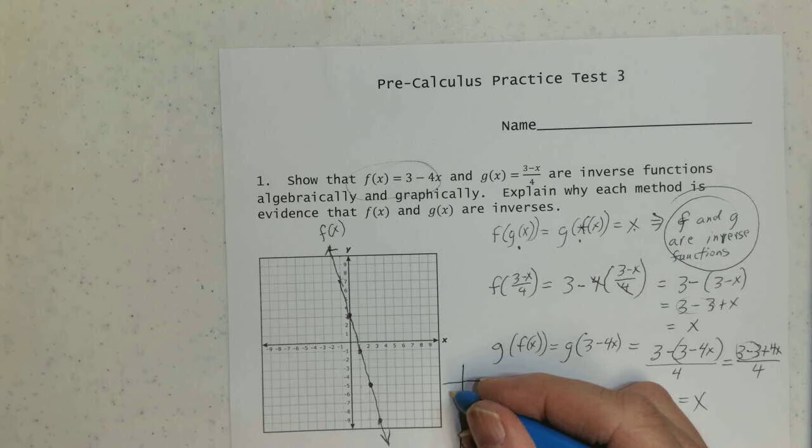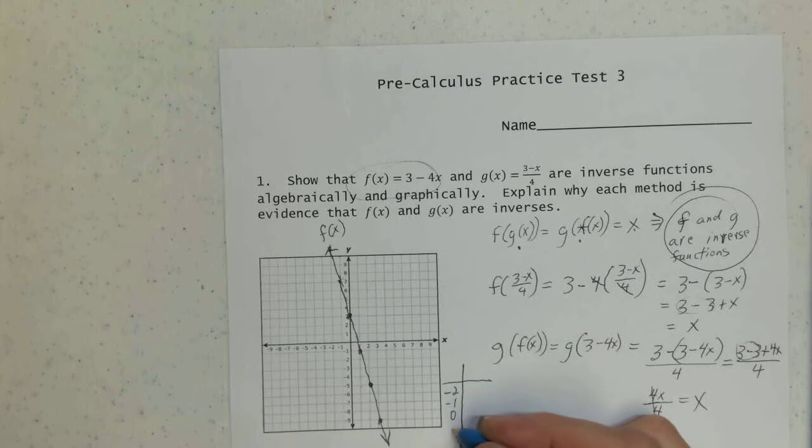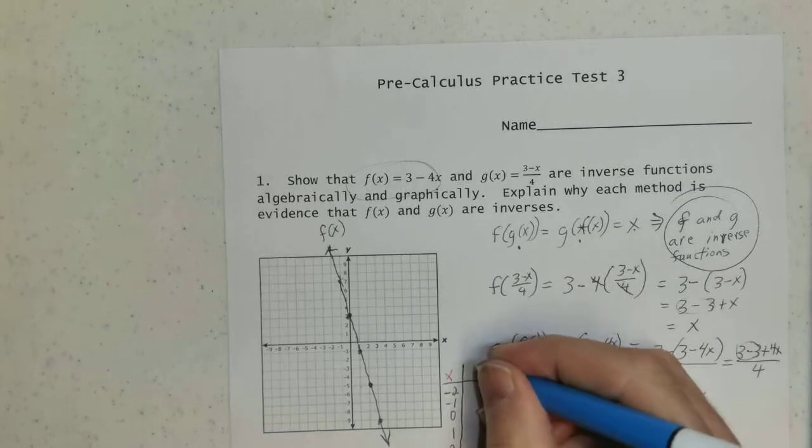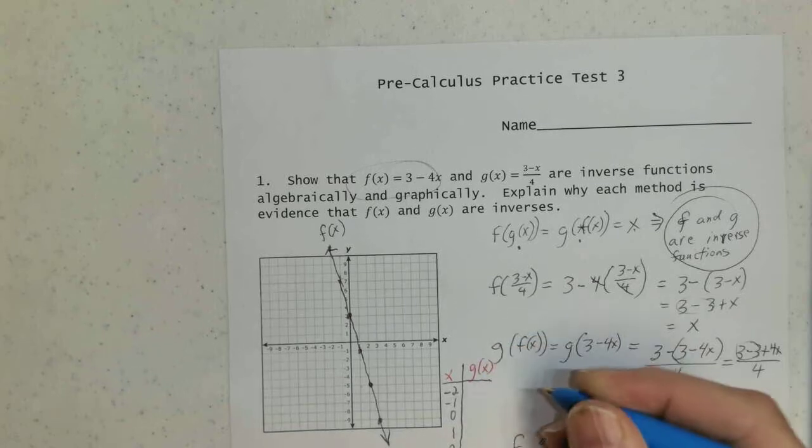Let's go negative 2, negative 1, 0, 1, and 2. Let's change colors here for this. This is x, and this is g of x.